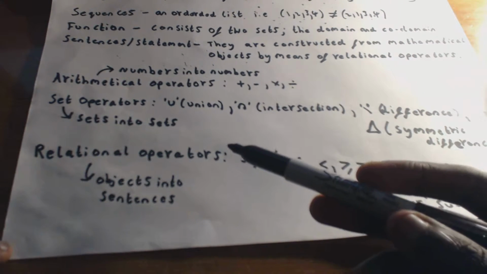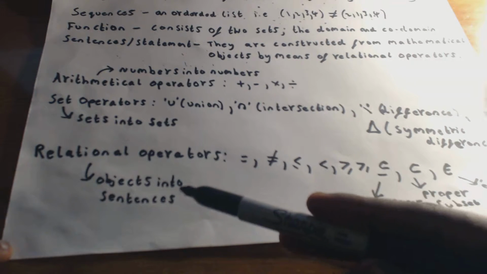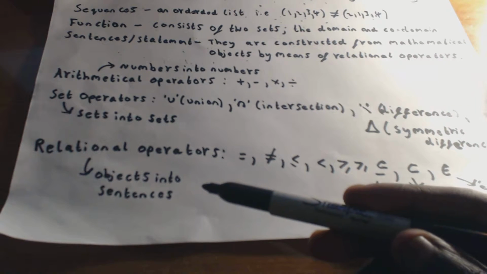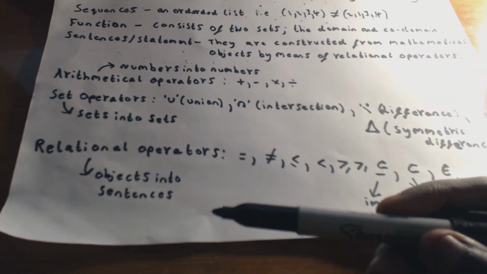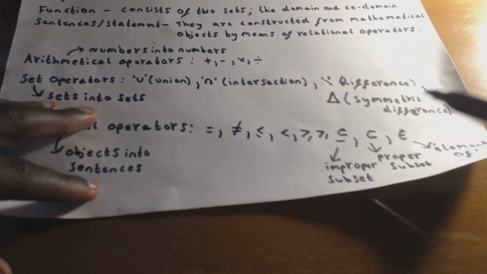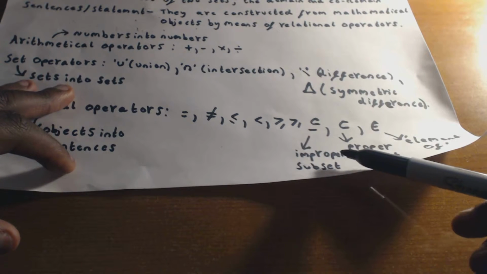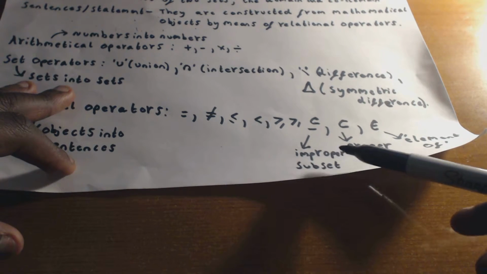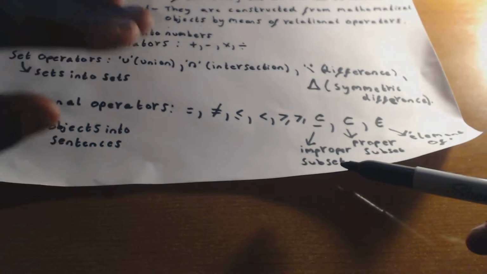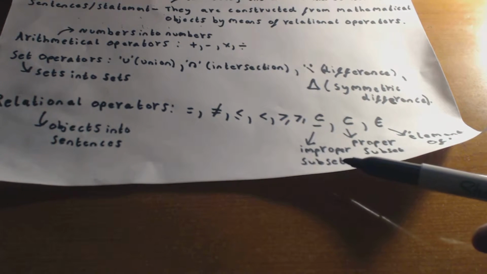Then we have our relational operators. They turn objects into sentences, so they might take two numbers and construct a sentence about them, or two sets and construct a sentence about them. One thing to note, we have improper subset and proper subset. An improper subset simply means that it is equal to the set it is a subset of.